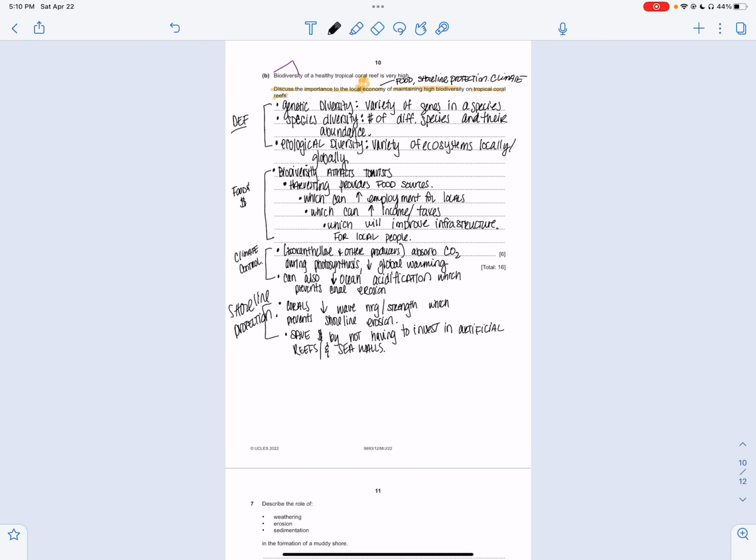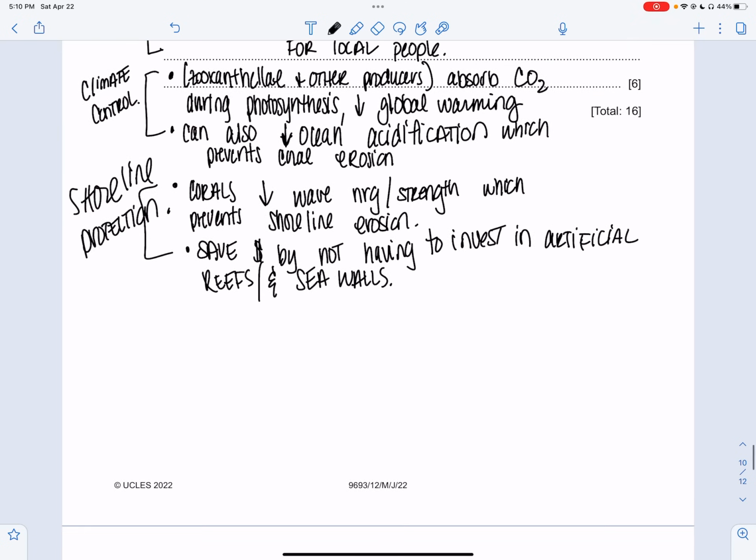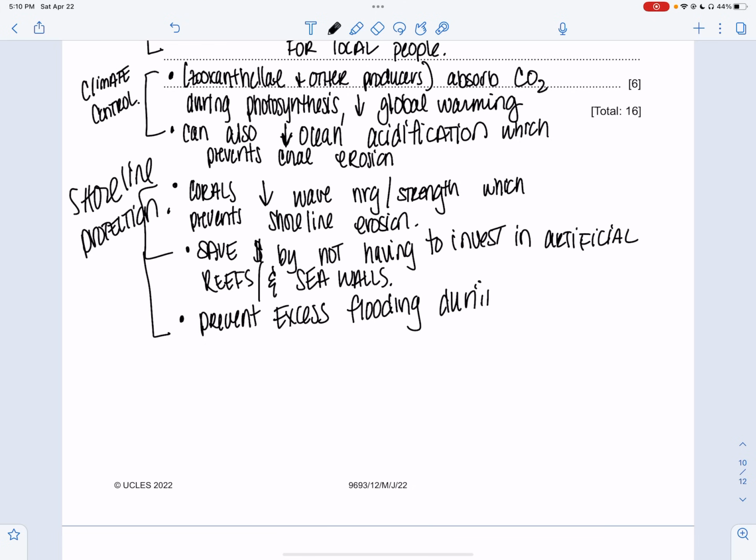Yes. Okay. I know, honestly, now that I'm saying that out loud, I know this will prevent, again, within that shoreline protection, excess flooding. I'm just thinking about other mark schemes.